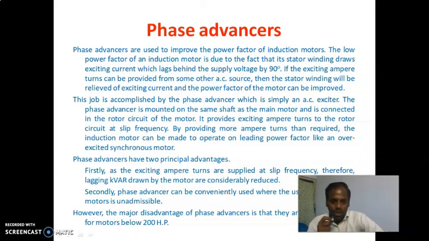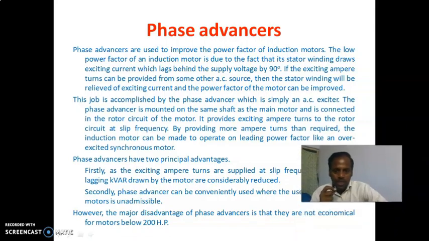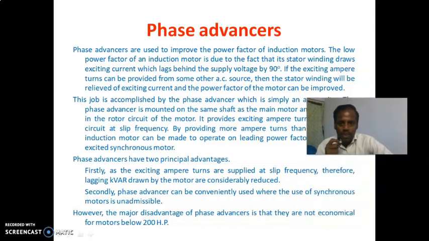The advantages of the phase advancer are: the exciting ampere turns are supplied at slip frequency, therefore the lagging kVAR drawn by the motor is considerably reduced. Slip frequency is the difference between the synchronous frequency and the frequency of the rotor.